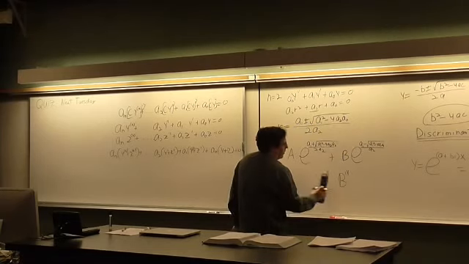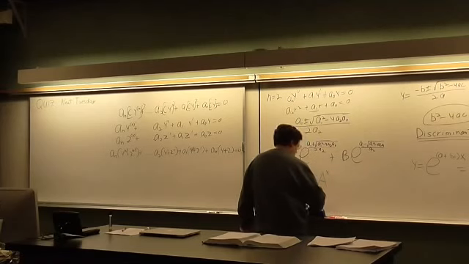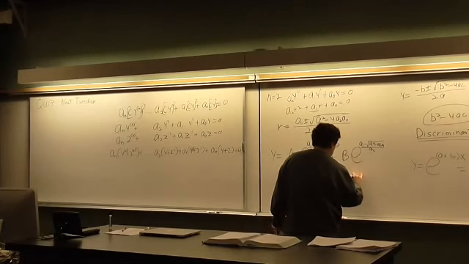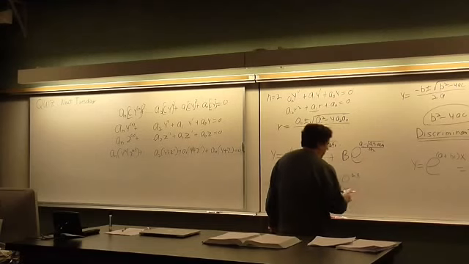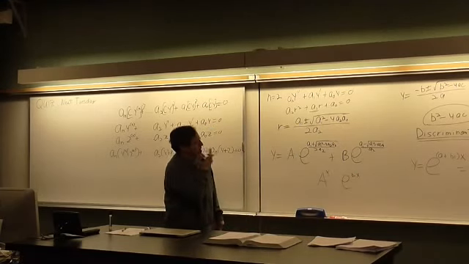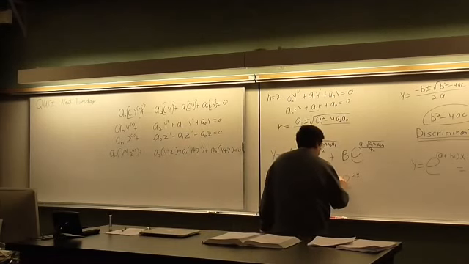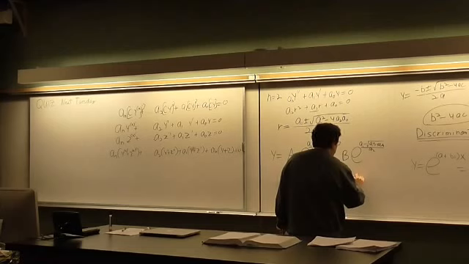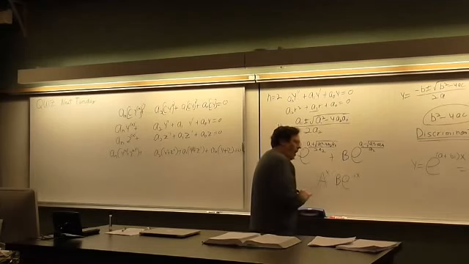Actually, I probably want to leave that as e to the ix. Does anyone know what you can do with that? We'll just put some constant out here. Anyone know what we do with e to the ix?